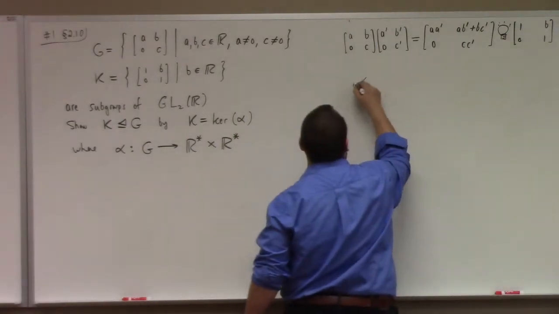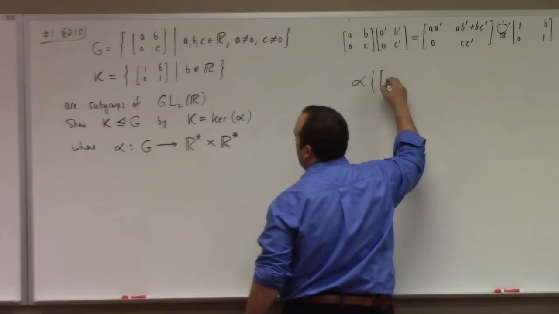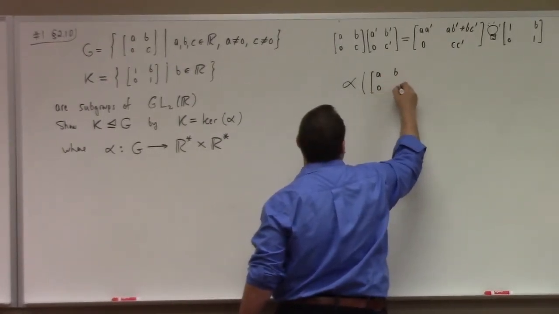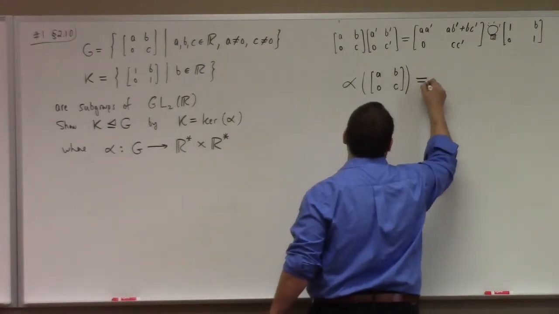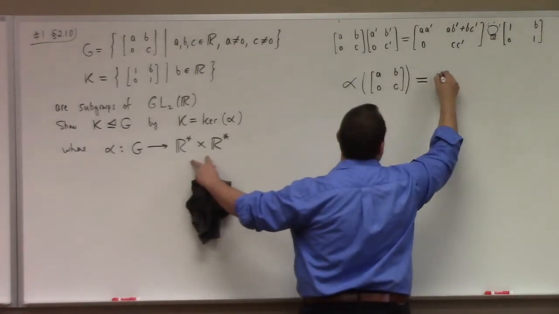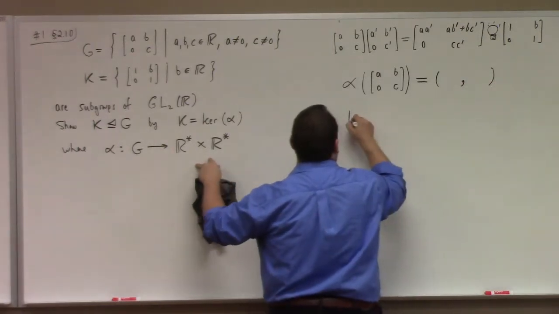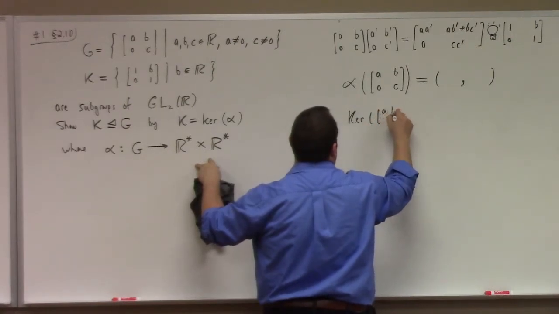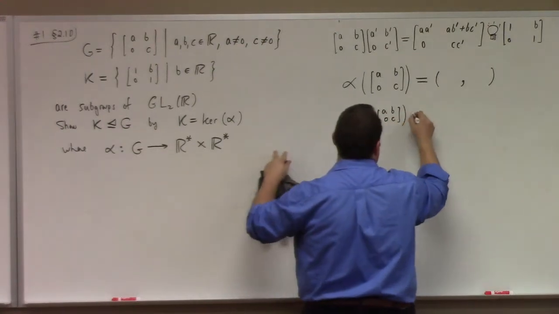So I want alpha of, what's my G, A, B, 0, C, right? And it's got to be a pair of real numbers, and I want the kernel of alpha to equal to what?